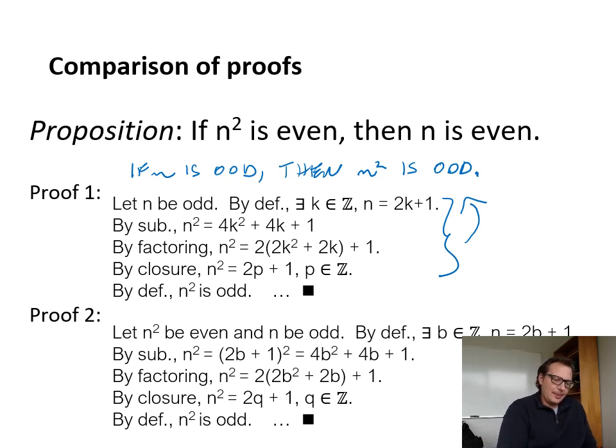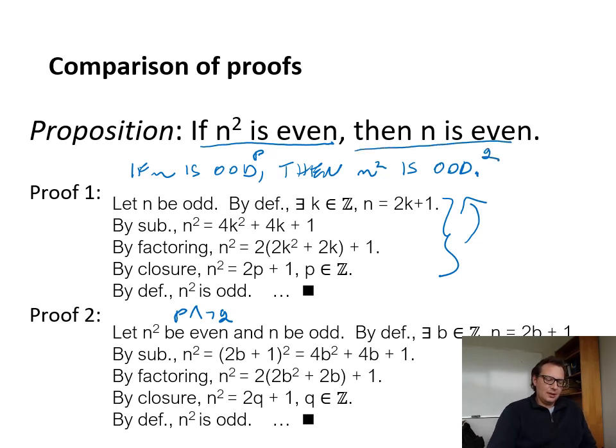In proof 2, we want to start by assuming that P and not Q hold, and then we want to derive a contradiction, where P is the left-hand side of this proposition and Q is the right-hand side. So we are assuming that n squared is even and n is odd. Okay, and now by definition we know that n is equal to 2b plus 1 because n is odd.